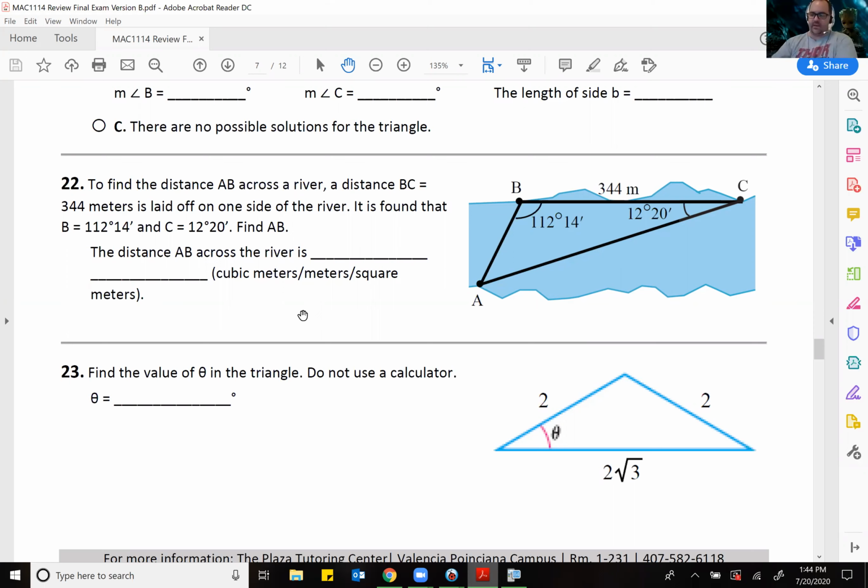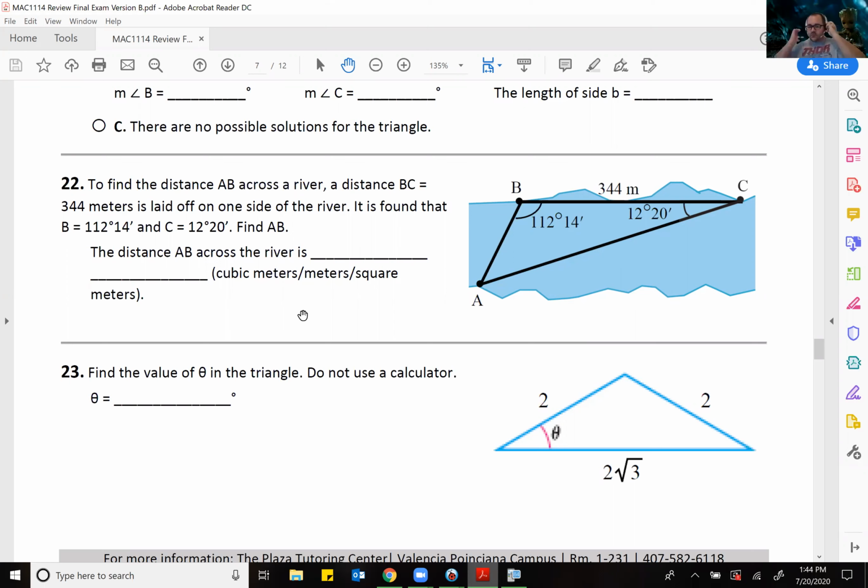So number 23 and 11.2, this is where we were talking about law of sines and law of cosines. And law of cosines works when you have side, side, side, or side angle side.